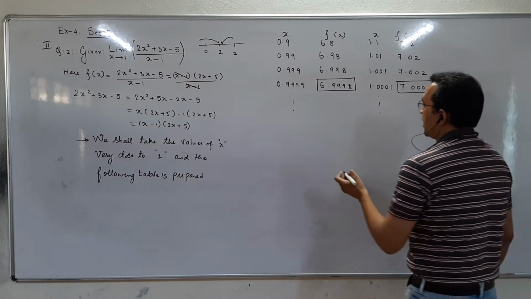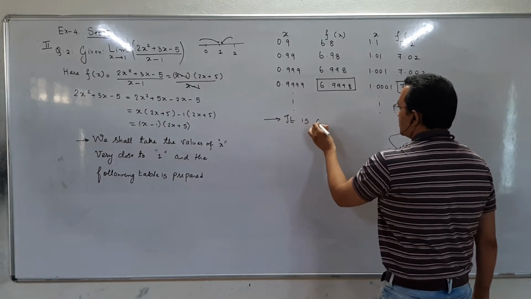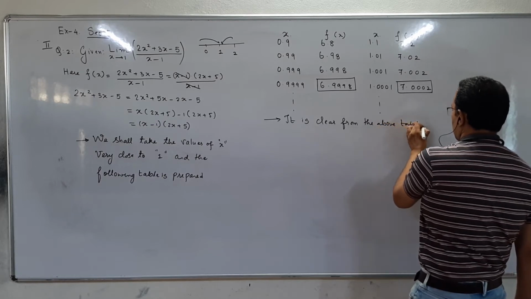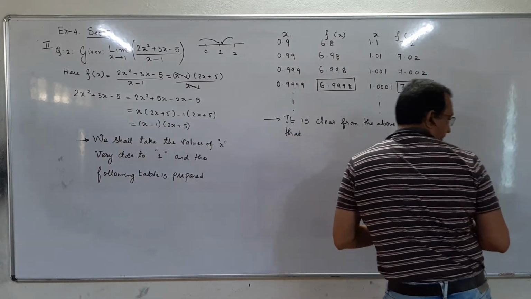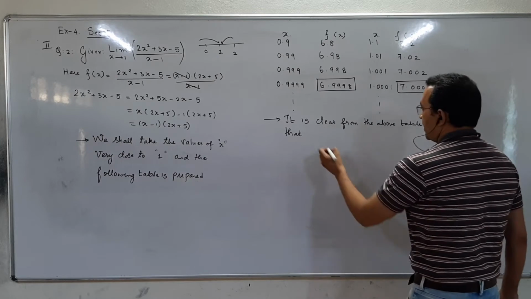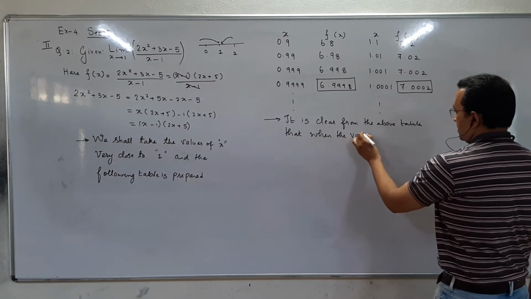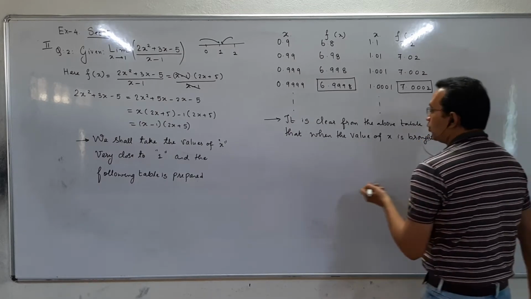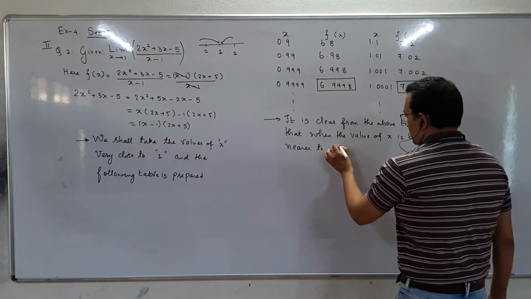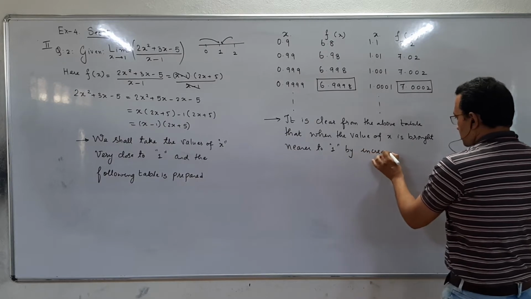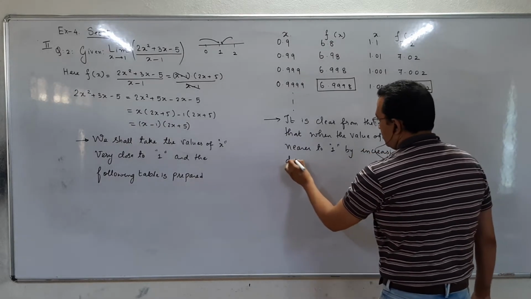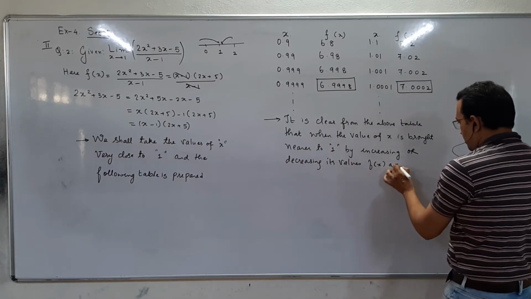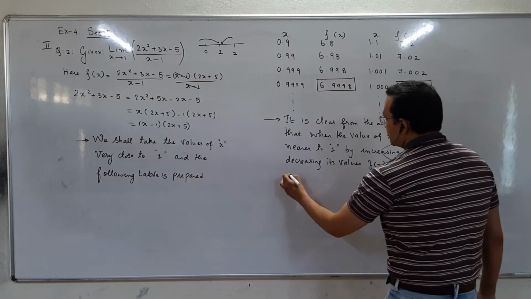So it is clear from the above table that as the value of x is brought nearer to 1, by increasing or decreasing its value, f(x) approaches 7.